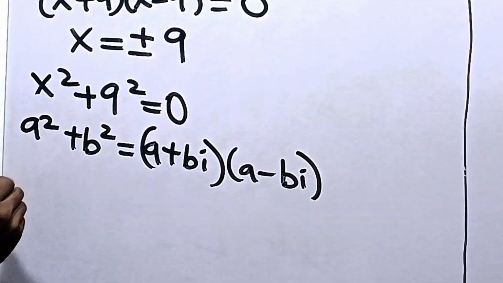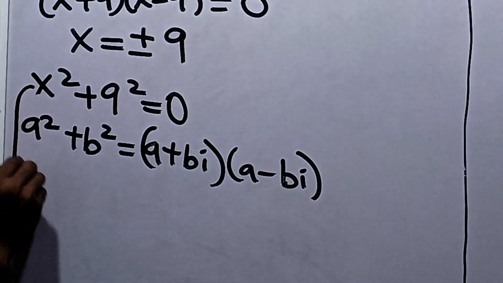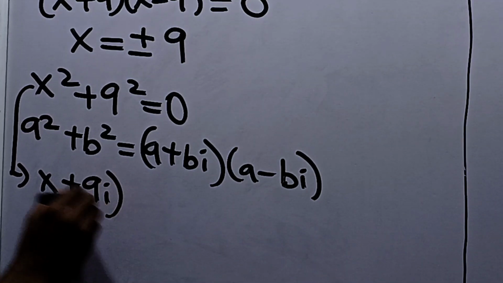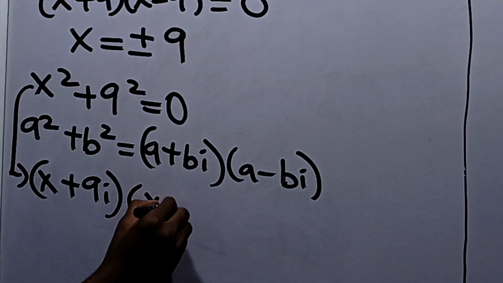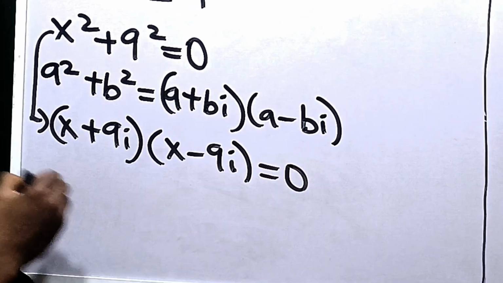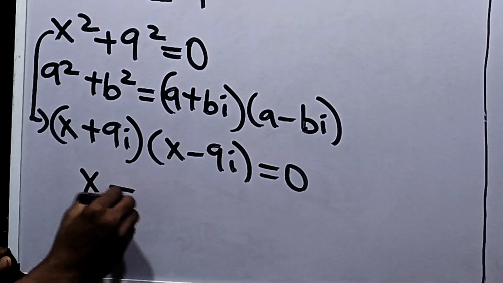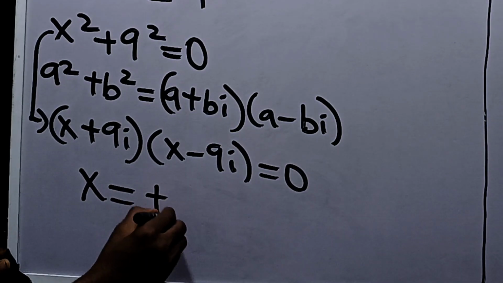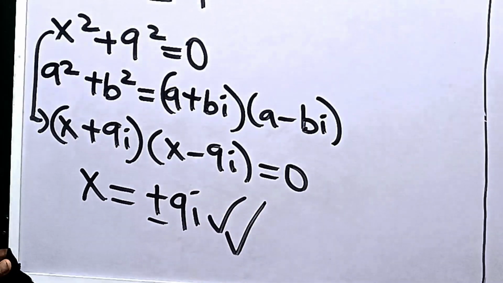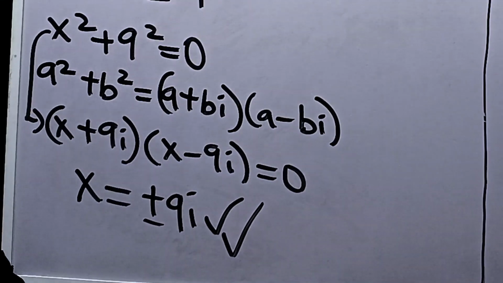Moving on from here, this becomes x plus 9i multiplied by x minus 9i to be equal to 0. From here our x then becomes equal to plus or minus 9i. So these are the answers for x in this question.